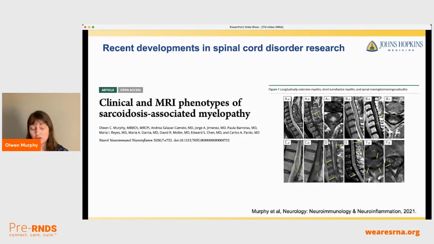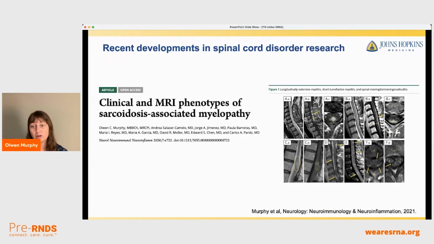And then there's other rare spinal cord disorders that we now have a better appreciation of, and these are often very treatable. So one of them is sarcoidosis. This can cause inflammation of the spinal cord, can be quite debilitating, and can be a progressive or relapsing disorder across many years.